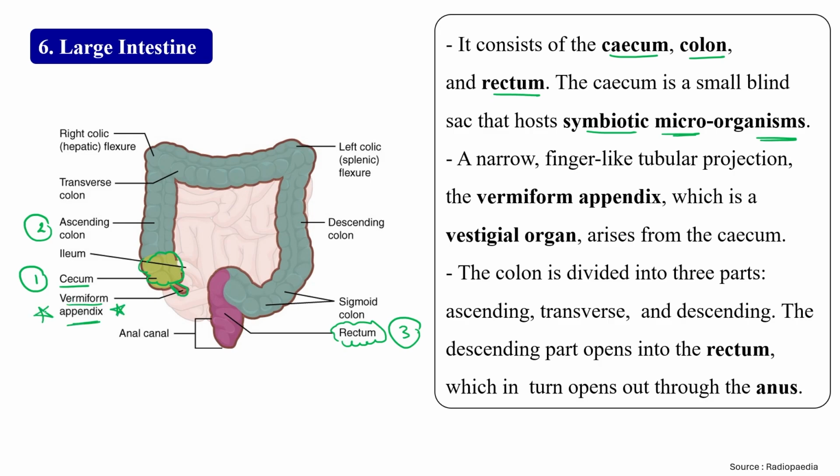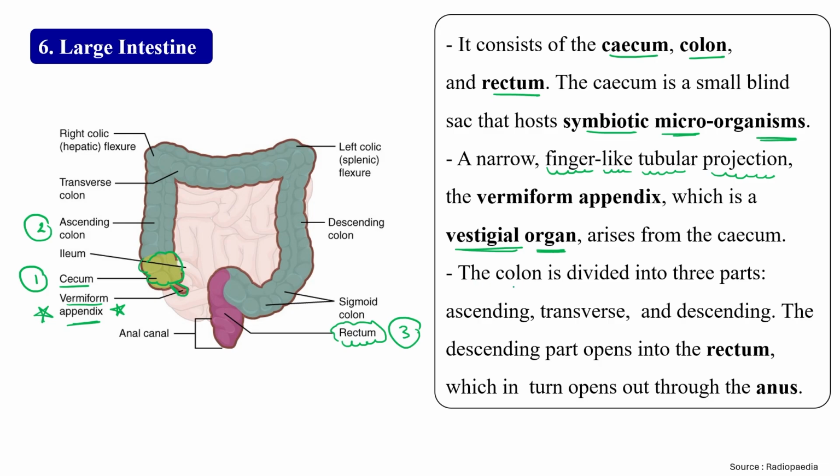What is the location of the vermiform appendix? It is connected with the cecum as a finger-like tubular projection, which is a type of vestigial organ present in our body.